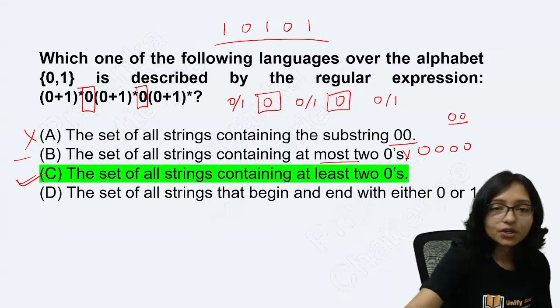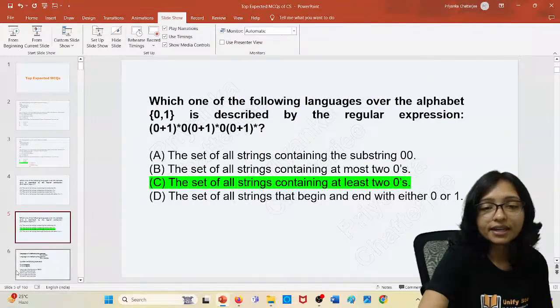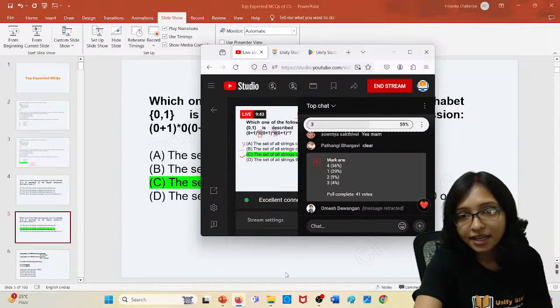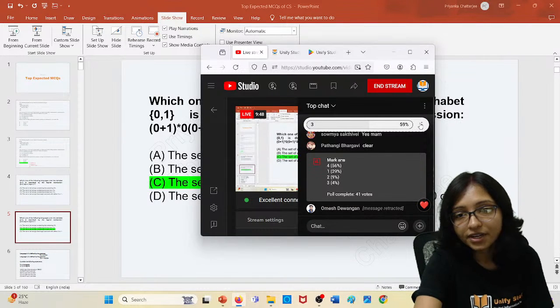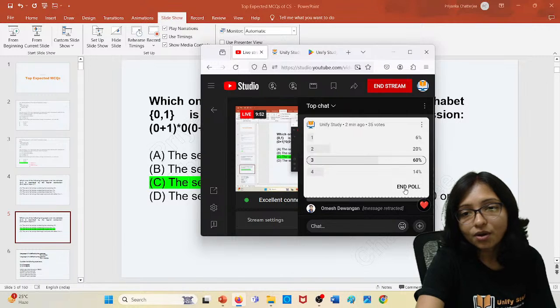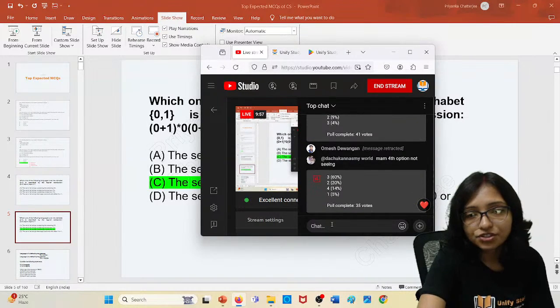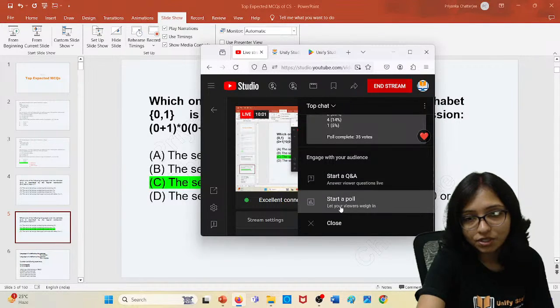Okay. Next question. Here I am showing you your result. I can see that 59% chose option 3. So I am ending the poll and generating another poll, and you will answer for the next question.